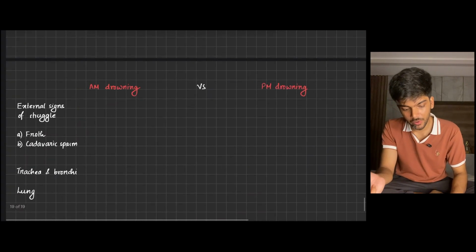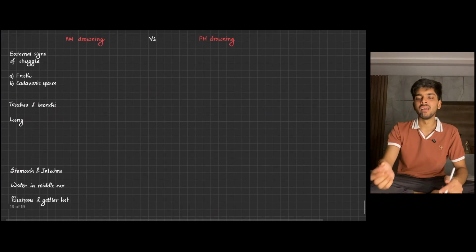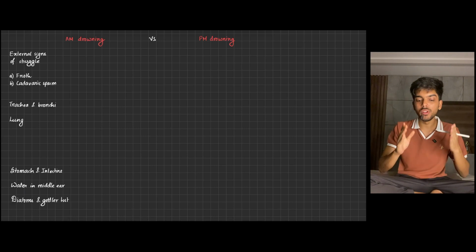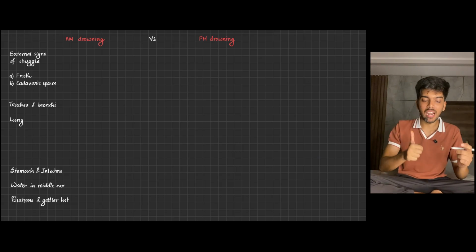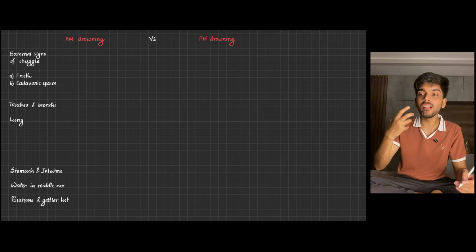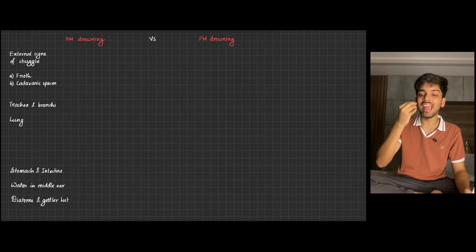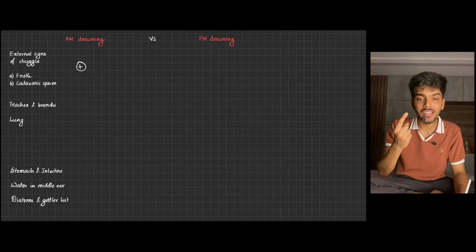Chill. All right. Now, let's combine our knowledge from both external autopsy findings and internal autopsy findings and the various tests to differentiate ante-mortem drowning from post-mortem drowning. Starting off with the external autopsy findings or the external signs of struggle, that is froth formation and cadaveric spasm, is indicative of ante-mortem drowning.